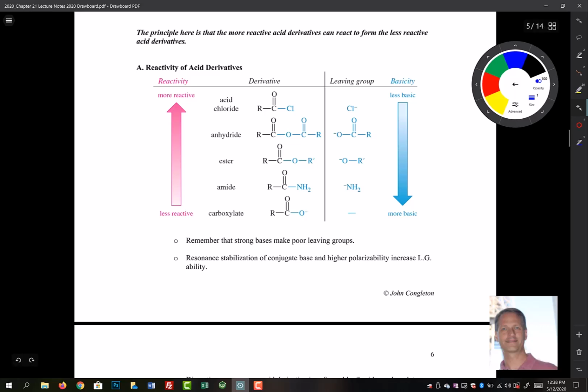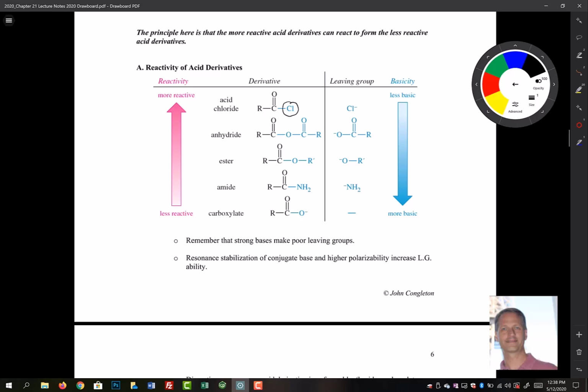So up at the top of the hill here, we have acid chlorides. Now remember, these are all going to form those tetrahedral intermediates. So upon the collapsing of that intermediate back down to a carbonyl, that chloride is going to be your leaving group. Now remember, weak bases make better leaving groups, generally speaking.